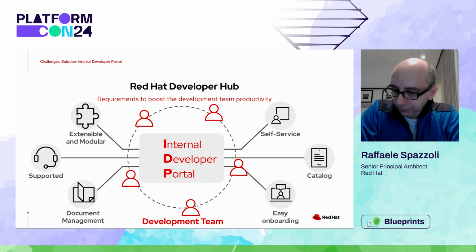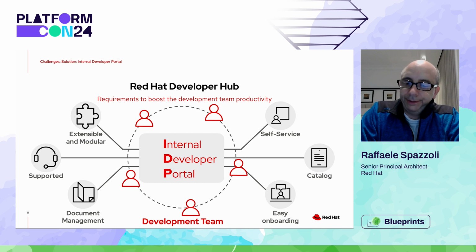On top of that, for the portal of the platform, we have decided to use Developer Hub in this reference architecture. So Developer Hub is another glue logic type of thing, where it brings together into a single pane of glass all the tools that are used by the developers. It can do that via a plugin system.